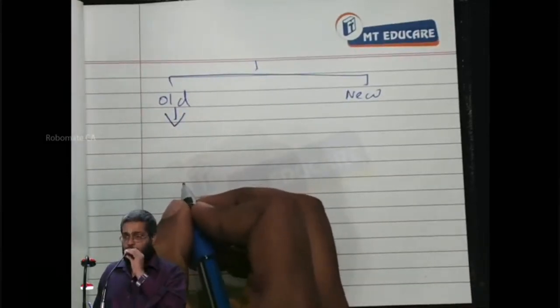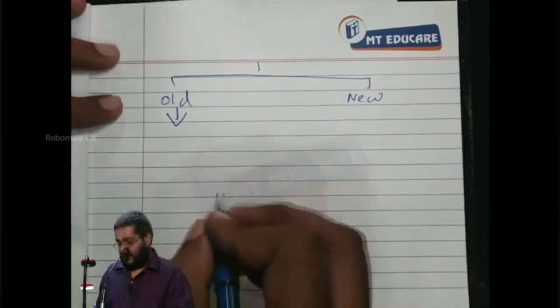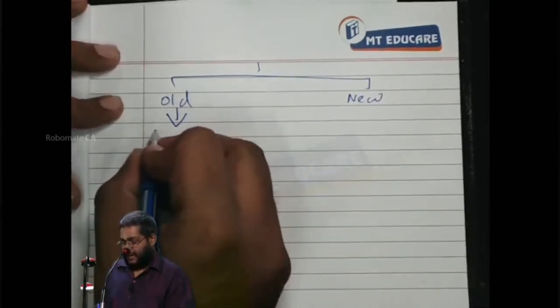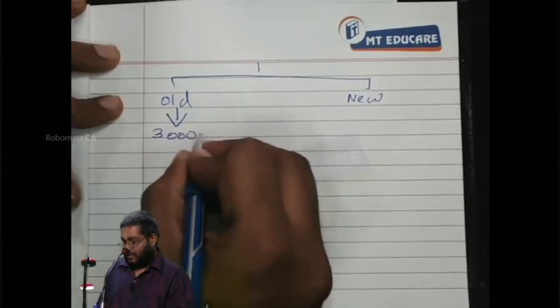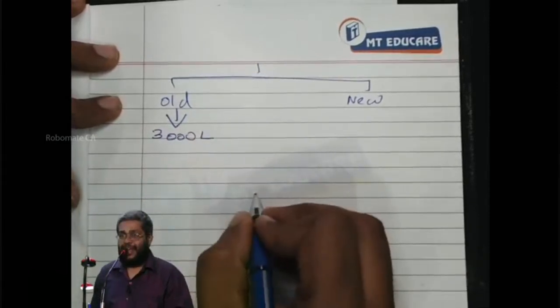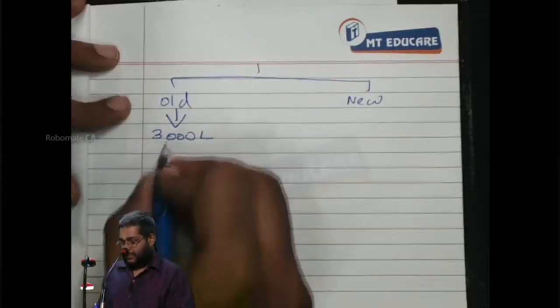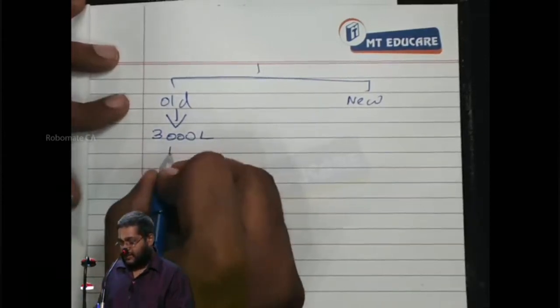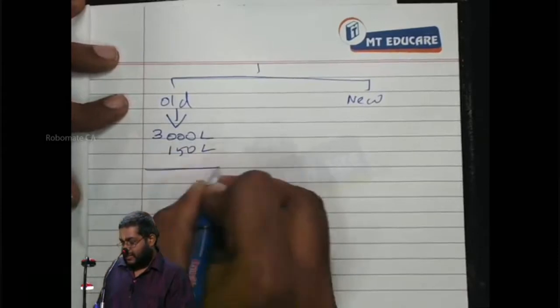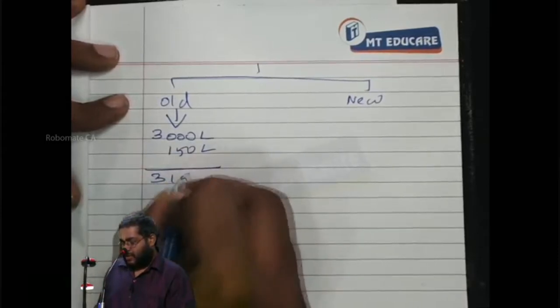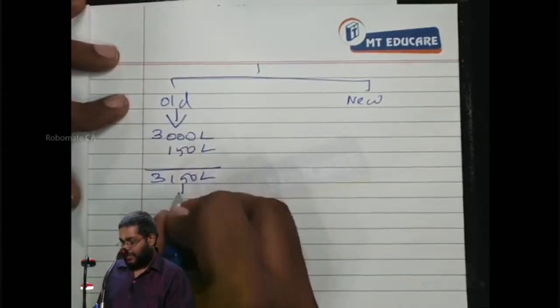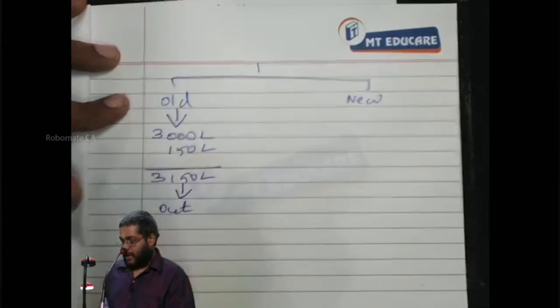Do I redeem the old bond at par or premium? What is the face value of the bond? 300 million means 3,000 lakhs. I redeem at 5% premium. What is 5% of 3,000 lakhs? 150 lakhs. That means the amount here is 3,150. This is an outflow.